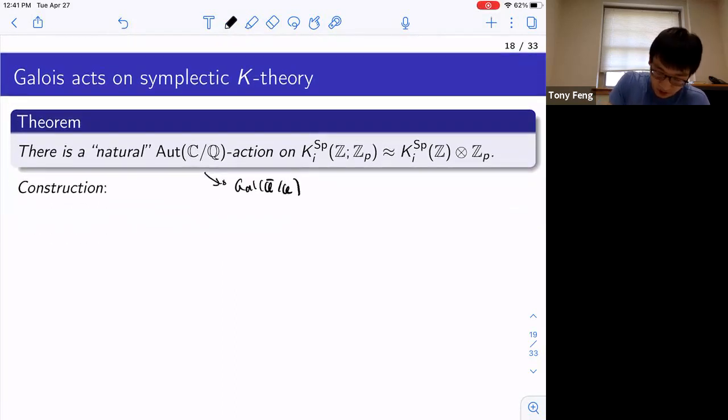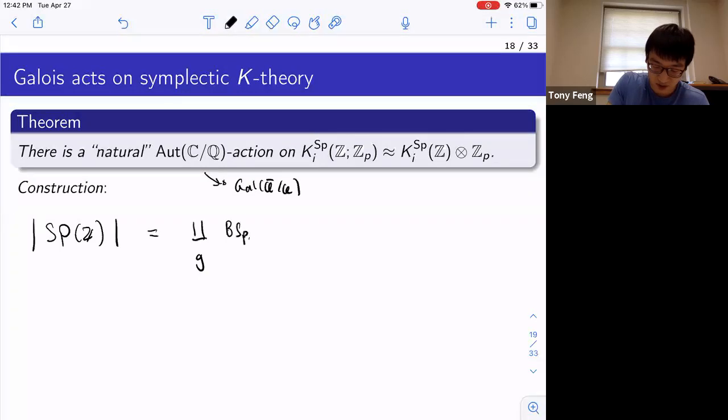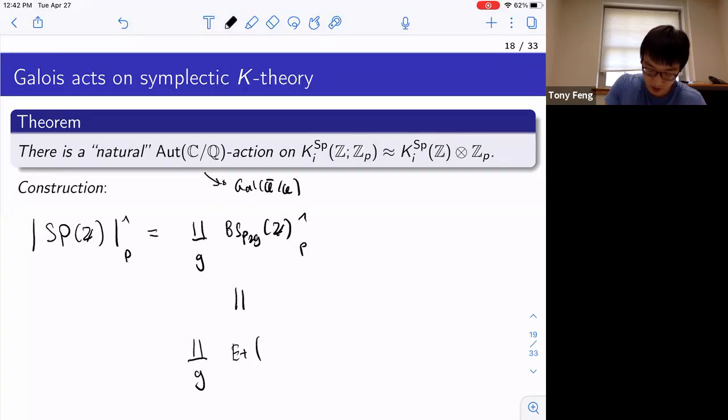The fundamental point to see this action is the same as it was on homology. To spell it out, the symplectic K-theory was defined in terms of the category of symplectic modules over the integers. We took its classifying space, which is the disjoint union over classifying spaces of these symplectic groups. Now if you p-complete this, the key point was that it admits an algebraic interpretation as the p-adic étale homotopy type of AG over the complex numbers, or really, to see the action, AG over the rational numbers, base changed to the complex numbers.